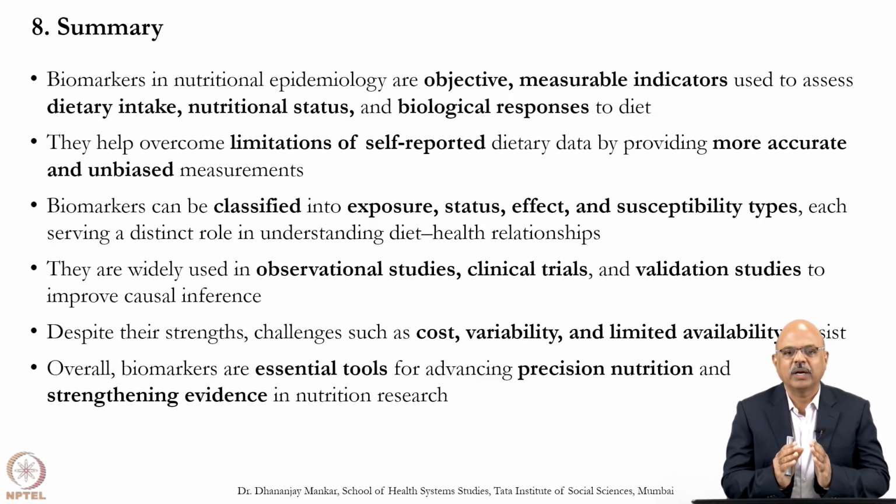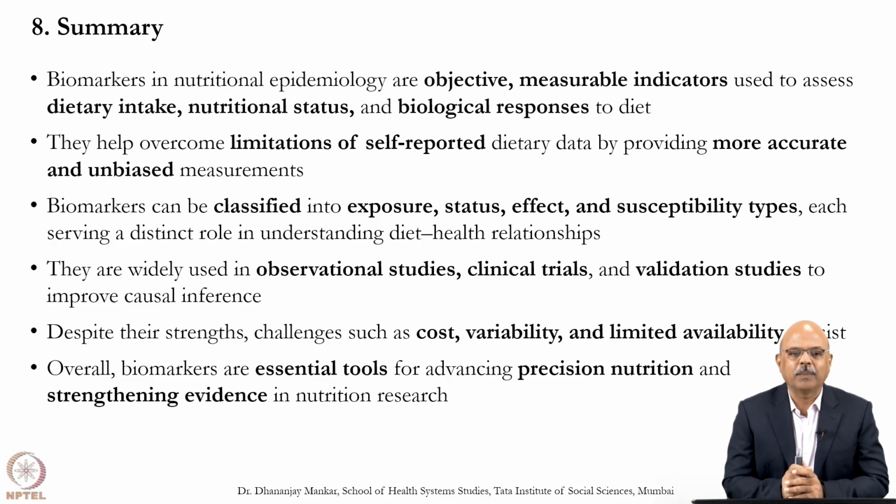Biomarkers can be classified into exposure, status, effect, and susceptibility types. Each of them has a distinctive role in understanding the diet-health relationship, and they are widely used in observational studies, clinical trials, and validation studies, which improve causal inference. As I stated, causal inference is used in association with biomarkers.